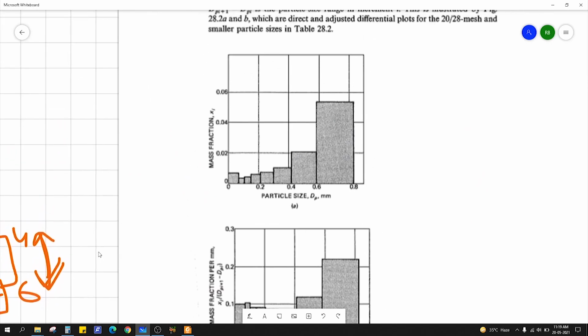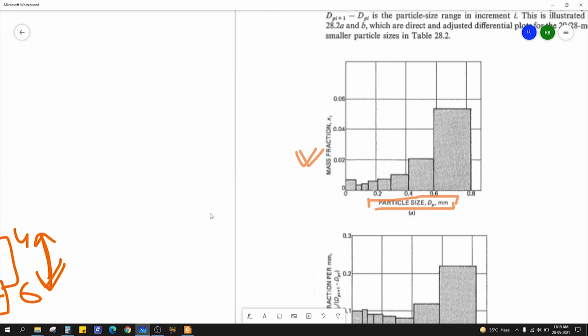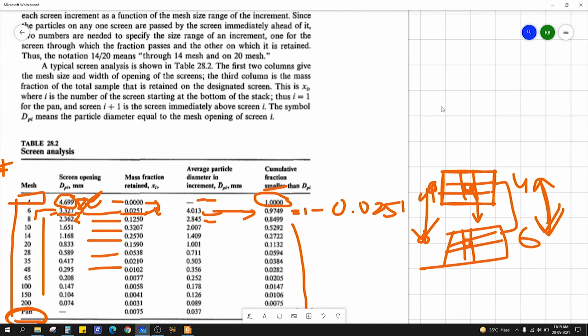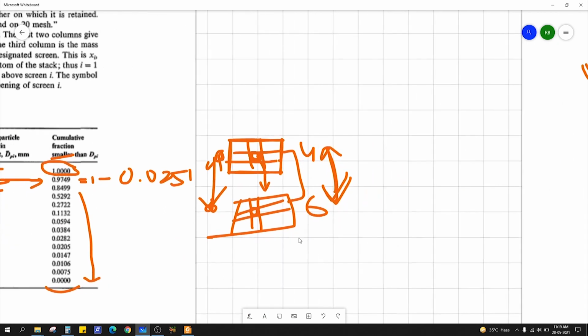Here, if you plot particle size dp, the average particle size, against the mass fraction, between these two you'll get this kind of graph.